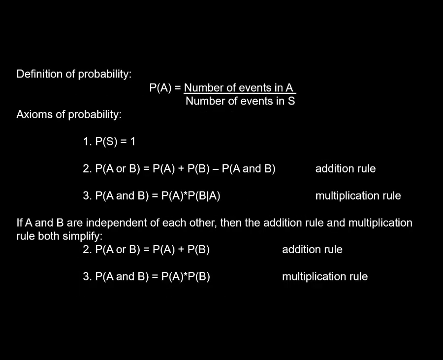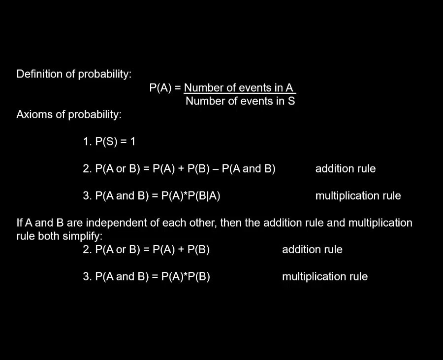Alright, so given those terms, we are already ready to define probability. So the probability of an event A is just the total number of events that we could classify as A, so the total number of events in the set A, divided by the total number of events in the sample space S. That's what the probability is. So it's a proportion, it's a ratio.